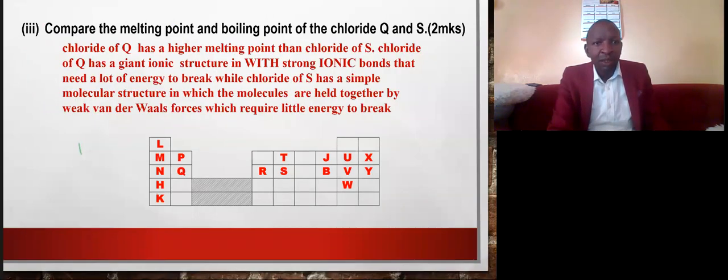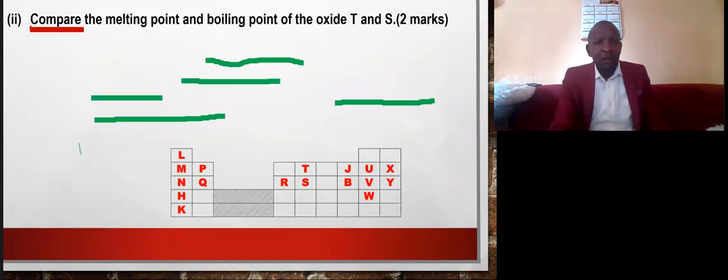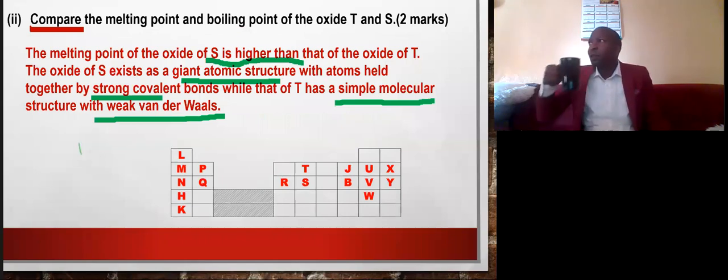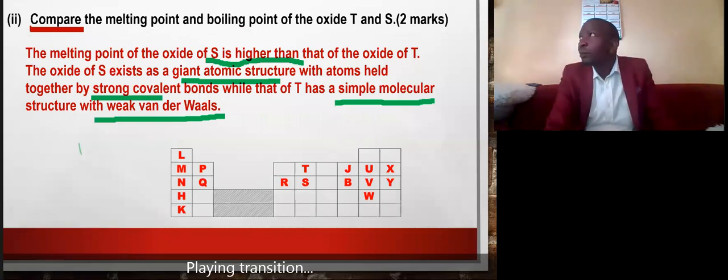Hapo ndio tuko ama? The answer. Answer iko. Nimeshapeana. Ama answer haijakuja? The other question, the one they're speaking about. The oxides of T and S. Okay, to make screenshot bus. Have you gone to the next? Yeah, we can go to the next one.